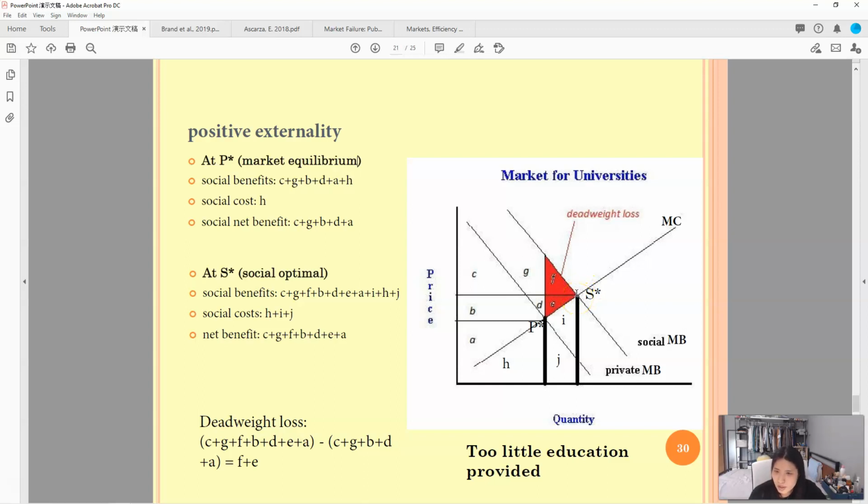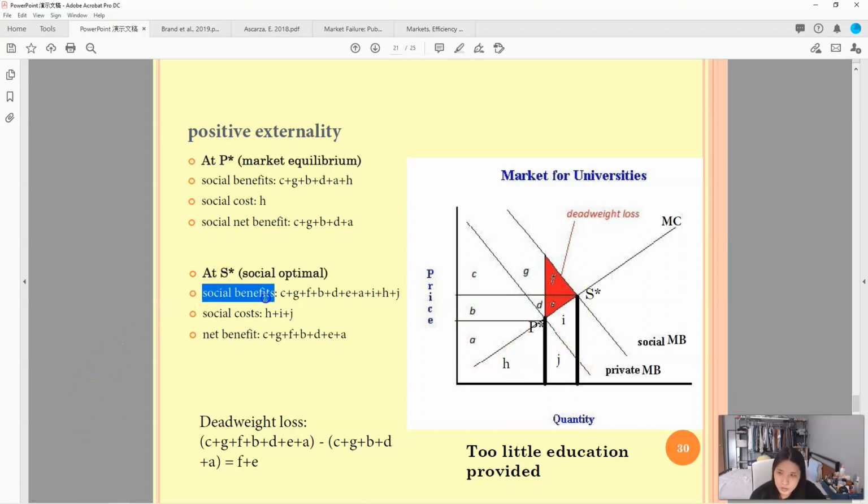As we can see, at S star, the social benefits would be the area under the social marginal benefits line, the sum of CGF, BDE, AHIJ. And the social cost, the area under the marginal cost curve, would be HJI.